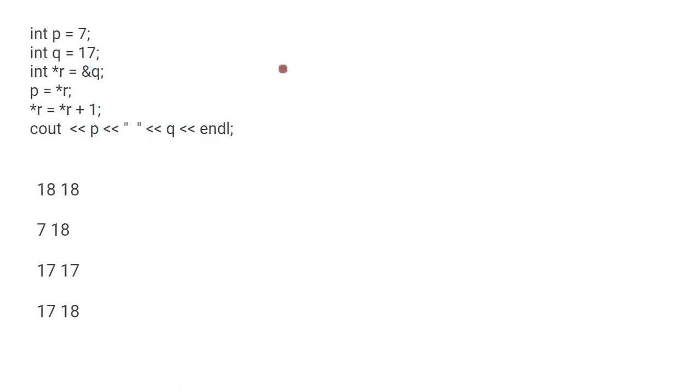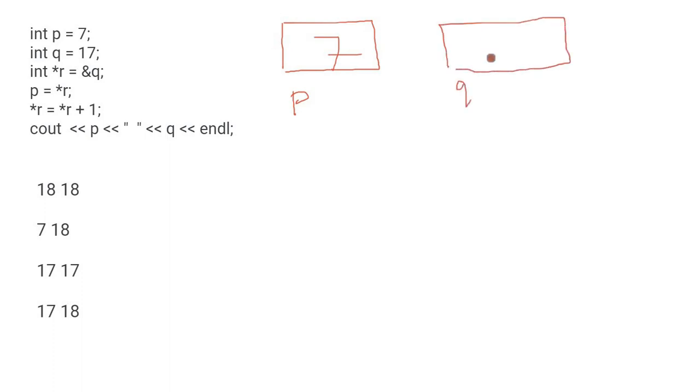We have to tell what the correct output is here. We have p, which is 7. We have q, which is 17. We have r, which is a pointer to q. It has the address of q.